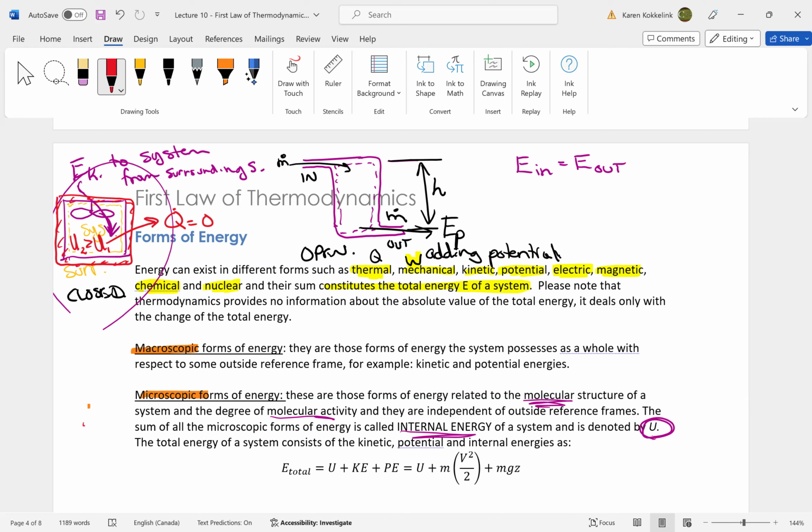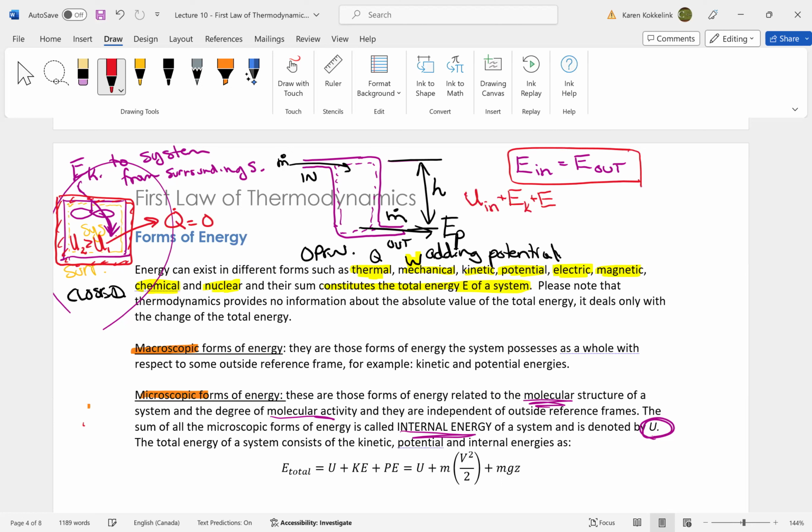If I were to summarize the major energies that go into this system, I always start my thermodynamics problems with E in equals E out. There's already an inherent internal energy of this system. Then I maybe added some kinetic energy.